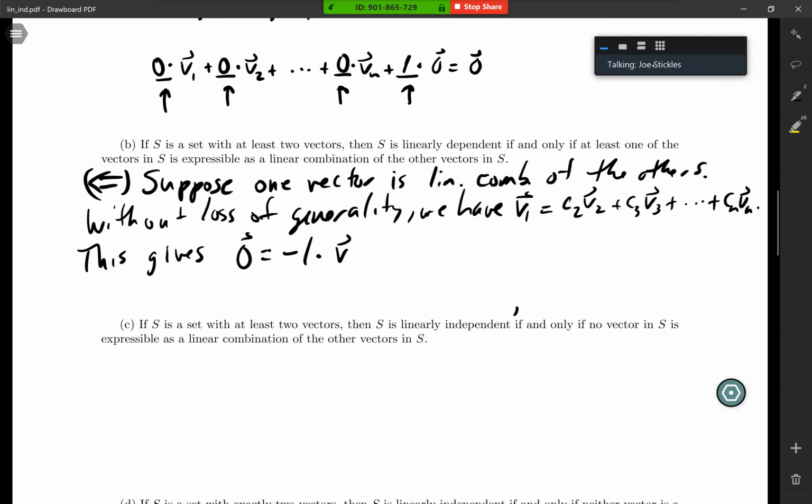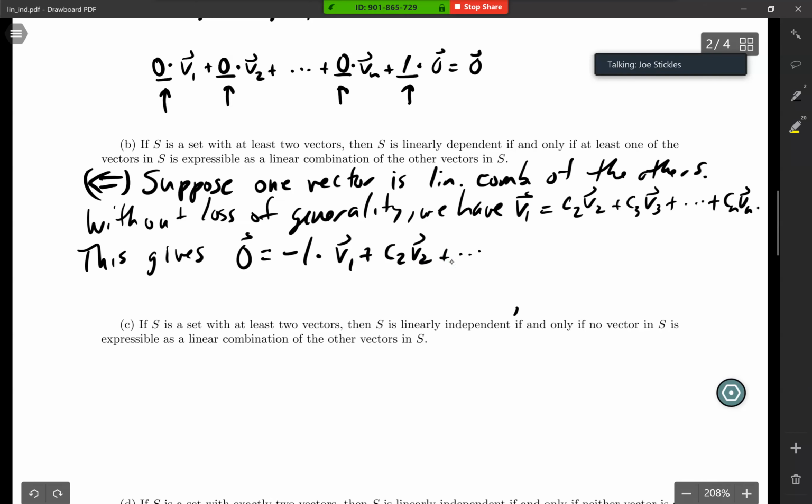I'm going to write negative 1 times V1 plus C2V2 plus out to CNVN. Now, the reason why I specifically wrote out the negative 1 is because, remember, to show linearly dependent, I need to make sure that I have constants not all 0 that give me the 0 vector.